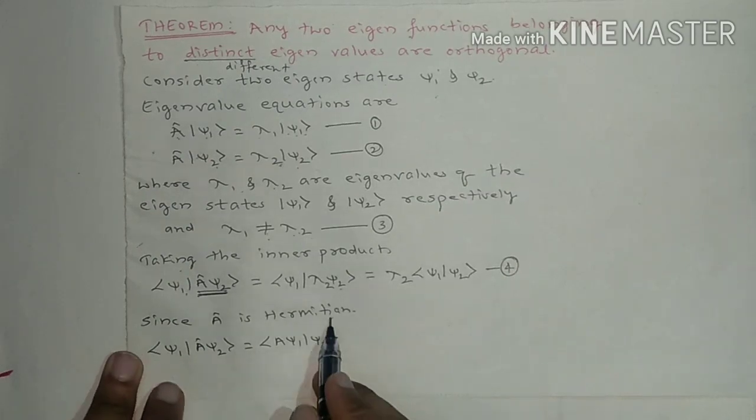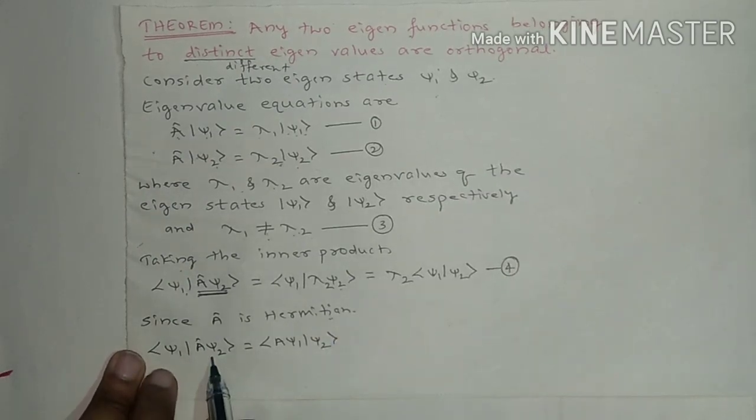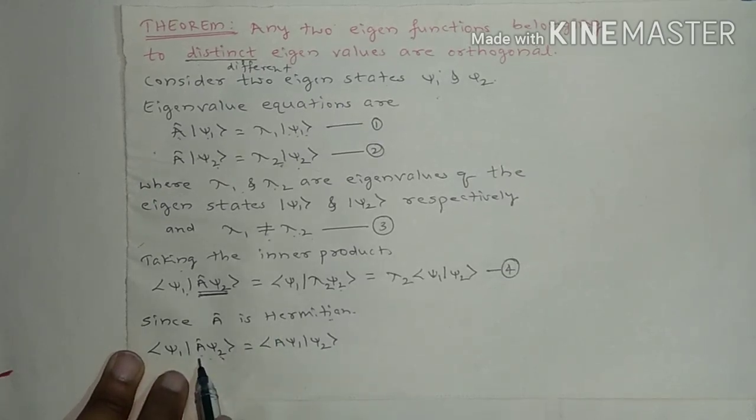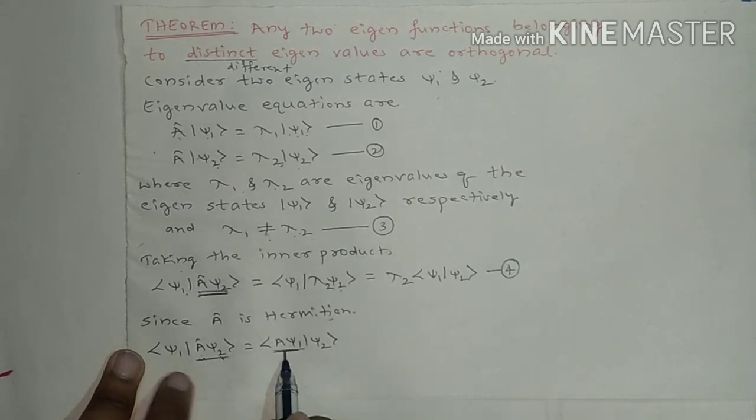Now since A is Hermitian, as we have seen in the definition of Hermitian, the operator A can associate itself with the ket, or it can associate itself with the bra.